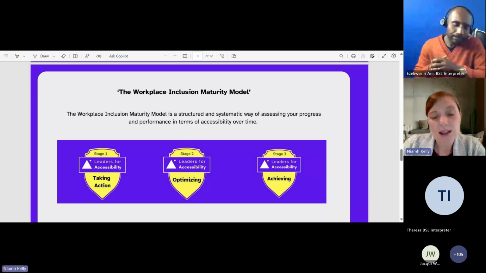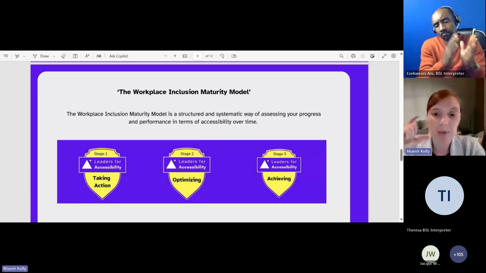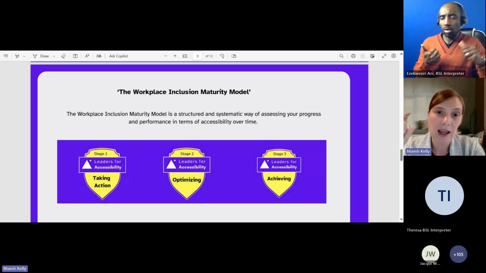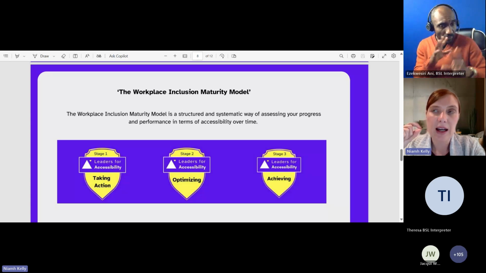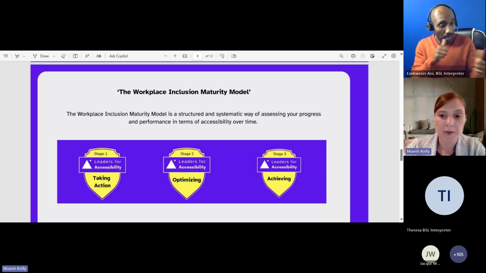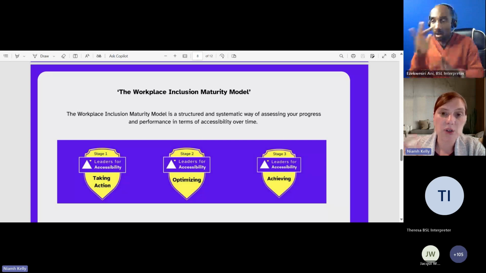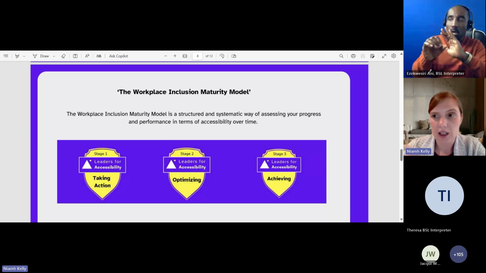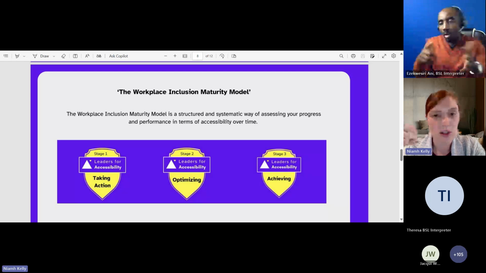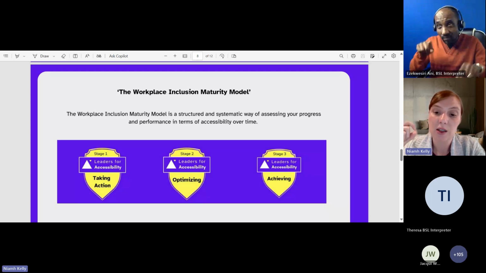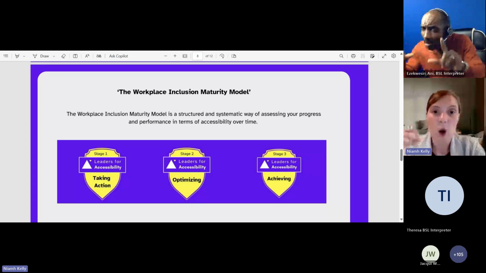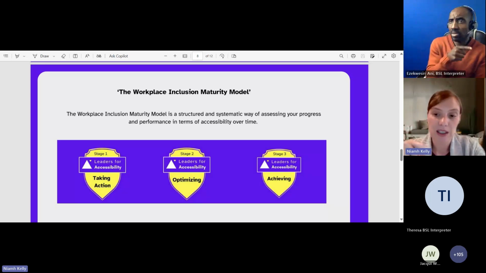What this means, these badges, let's say the first one, taking action, for any company that is engaging in the workplace inclusion model, they would have the opportunity to be able to put that badge on their website. And what that's going to mean for somebody like Connor, for someone like Erin, for someone with neurodivergence, it's going to show that actually we are an employer that is open to hiring people with disabilities because we are taking action now.